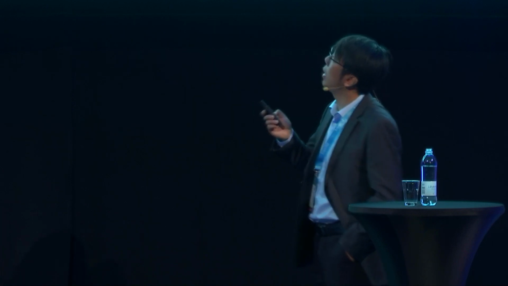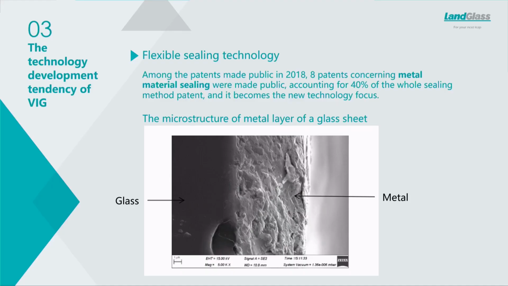Here I can show you the picture, because normally for glass sealing you have metal sealing, glass powder sealing, and some of them actually use layers to do the sealing. But what's the advantage of metal sealing?